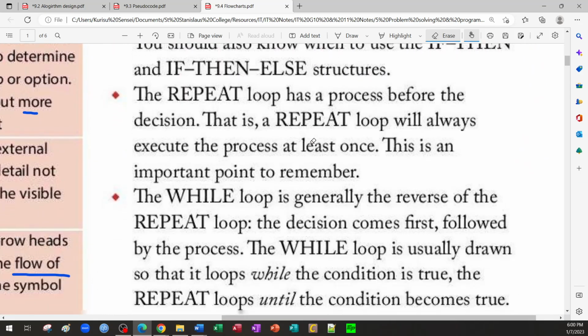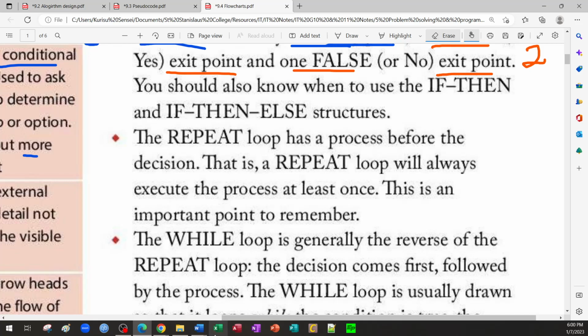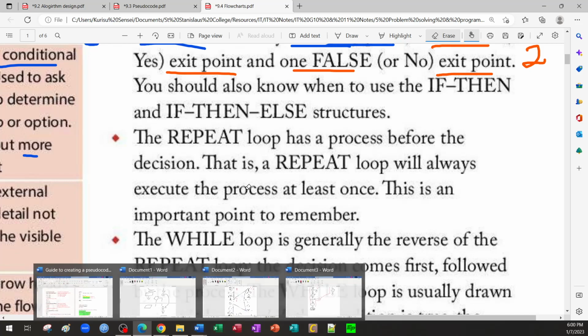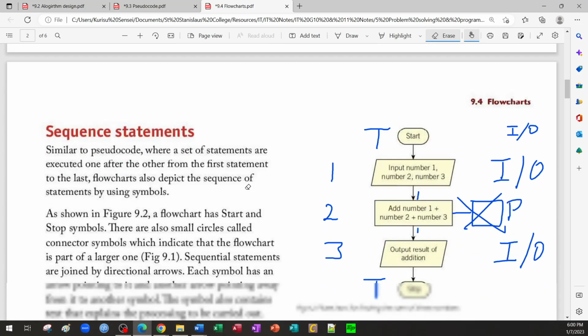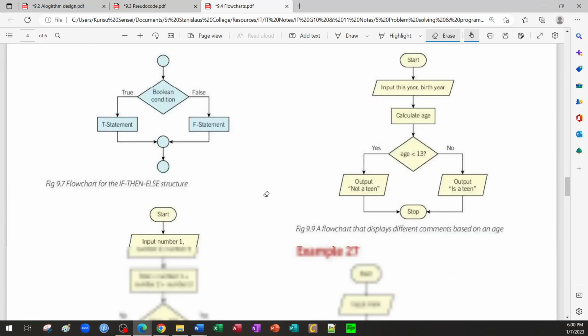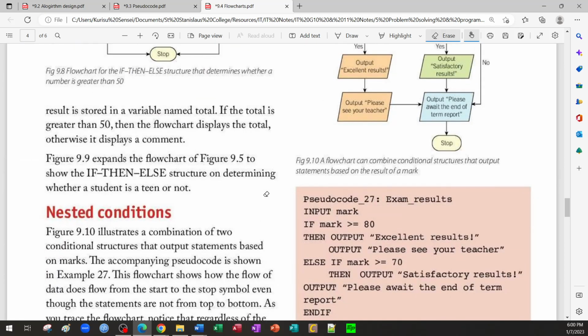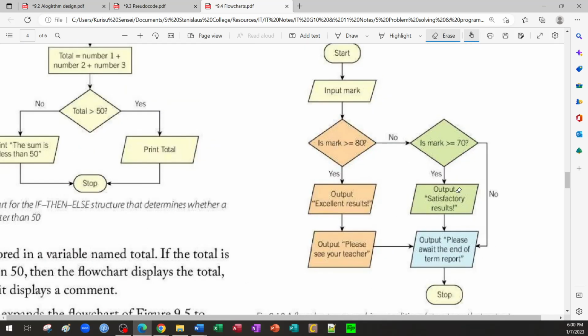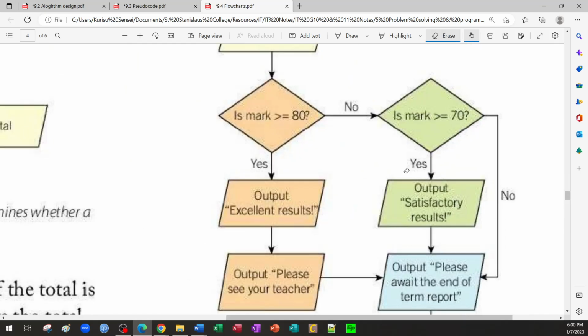The only way that it can have multiple outputs, let me see if I find an example. The only way you can have multiple outputs is if you connect multiple decisions together. Like for example, this case here. This is the only way you can have multiple outputs or a variety of paths.